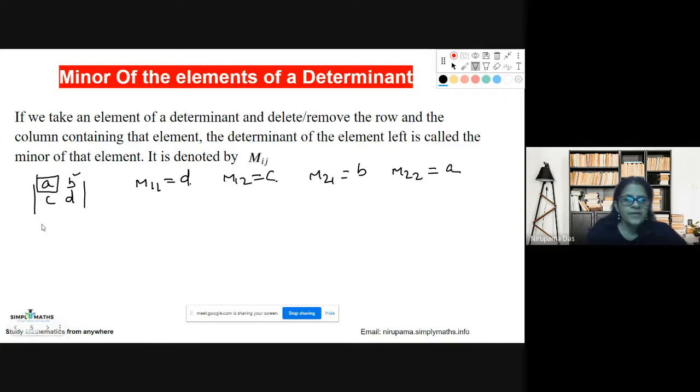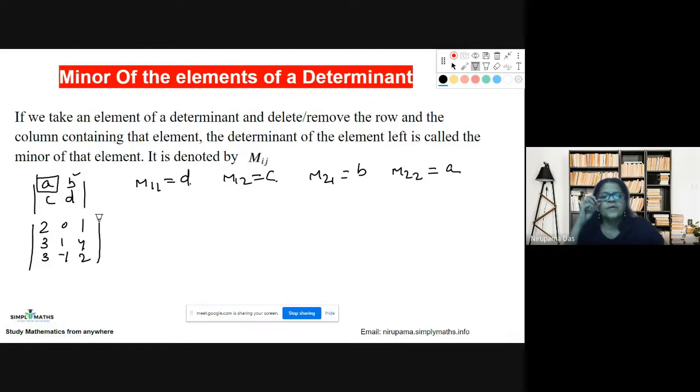Okay, let me take, if I write here 2, 0, 1, 3, 1, 4, then I can write here 3, minus 1, 2. This is a determinant. I'm taking here a determinant of order 3 by 3. So 9 elements, so we will have 9 minors. Start with M11, minor of A11.